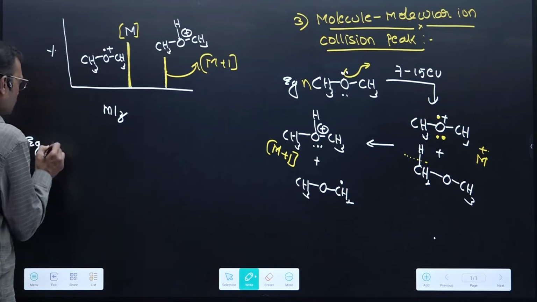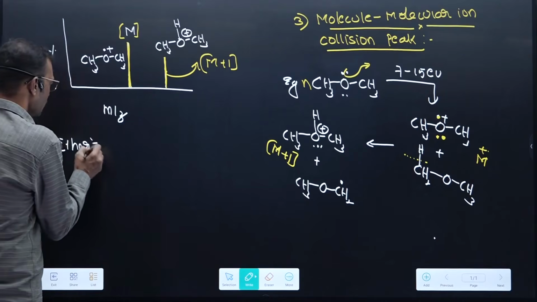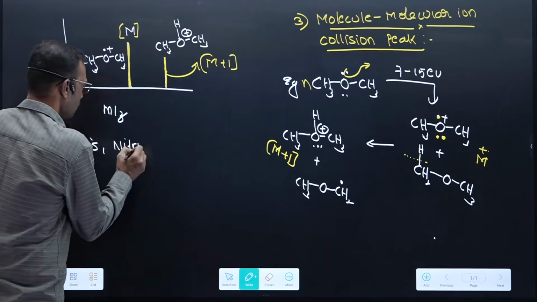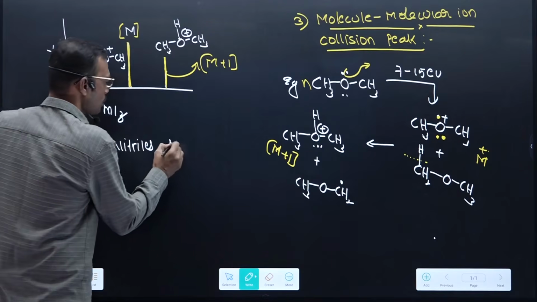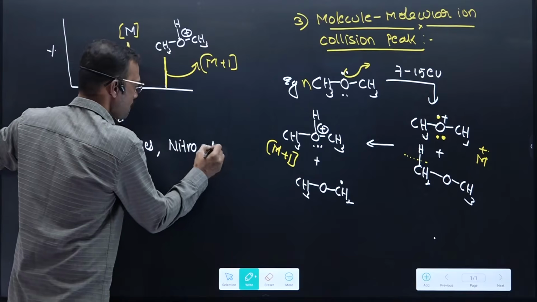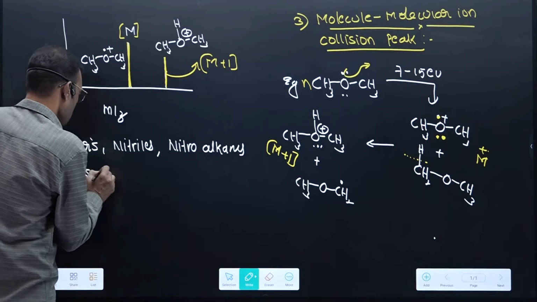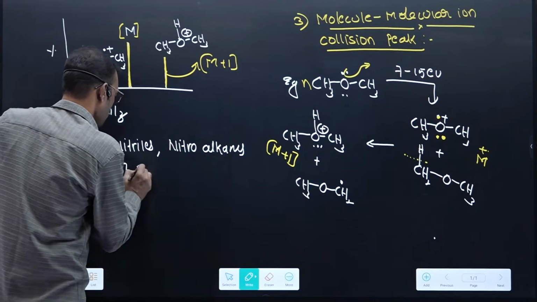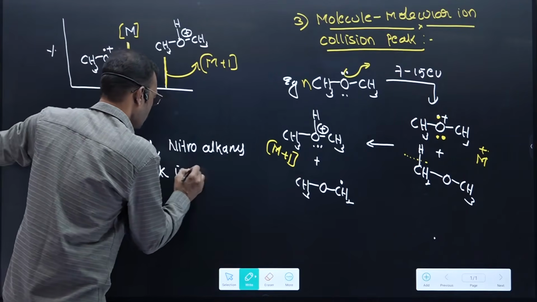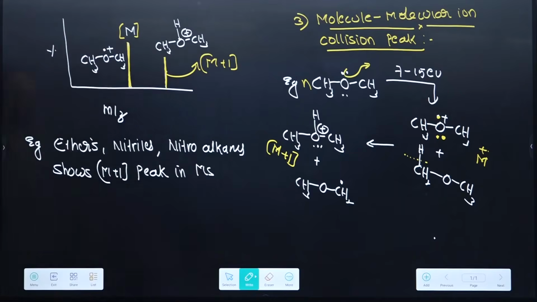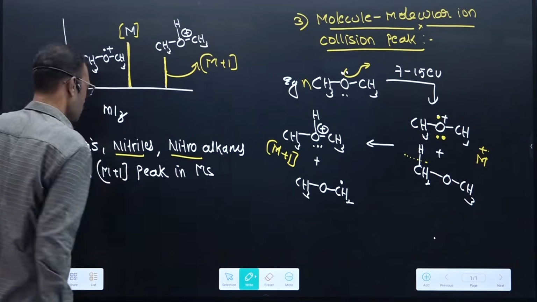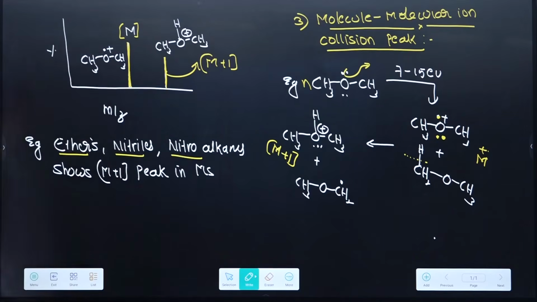Okay. So examples in this case: ethers, nitriles, nitroalkanes. A nitroalkane shows an M plus 1 peak in the mass spectrum. The M plus 1 peak appears with these functional groups. Commonly ether, nitrile and nitroalkane. These peaks will be common for these functional groups. Nitrile, cyanide belongs to nitrile. Nitroalkane, nitrobenzene.